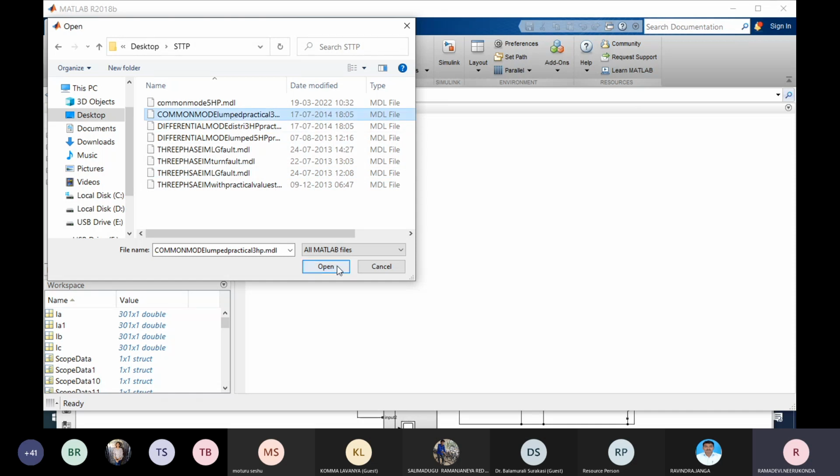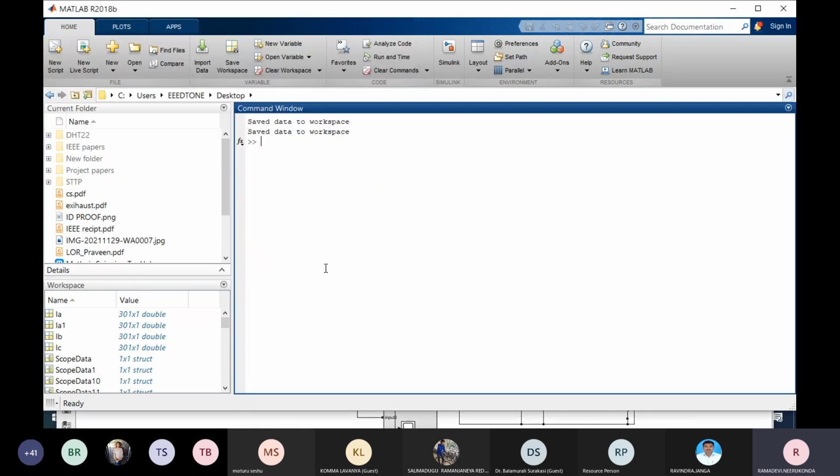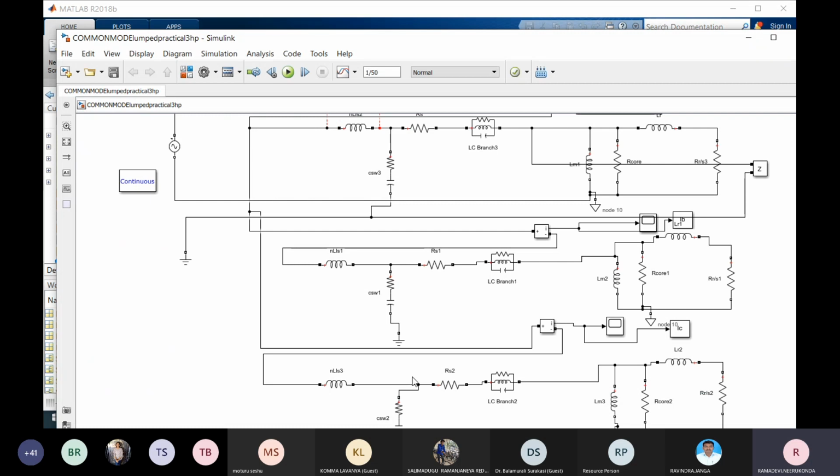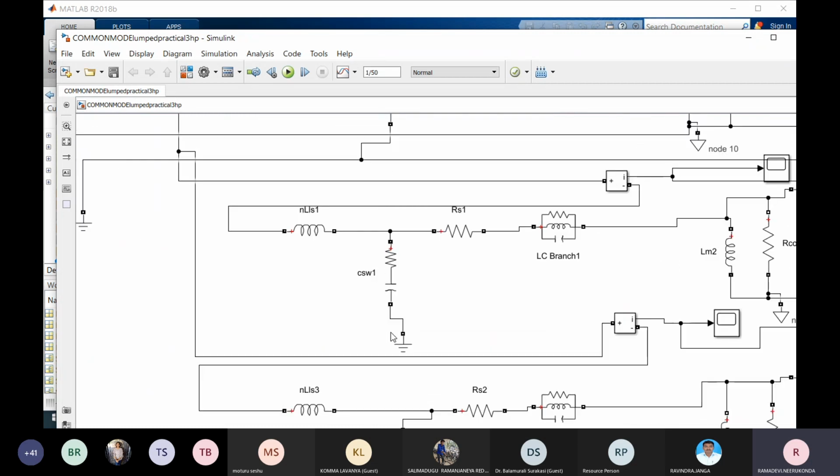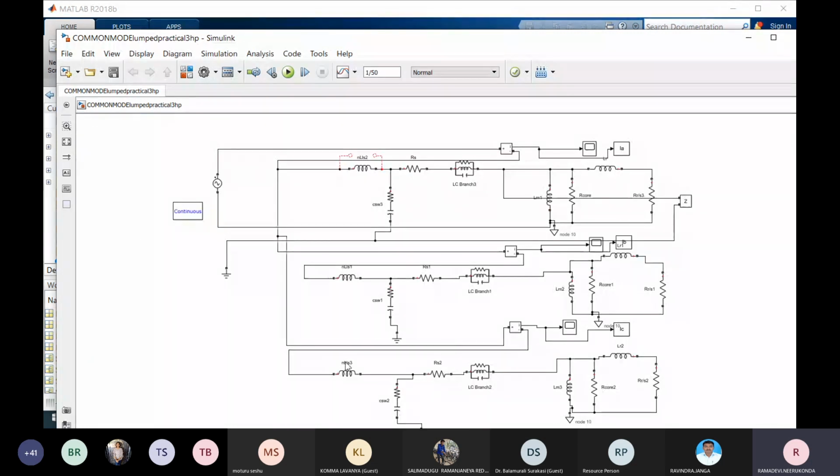So this is the common mode. In common mode representation, the measurement device is connected between all the tied phases of the three and the ground terminal.